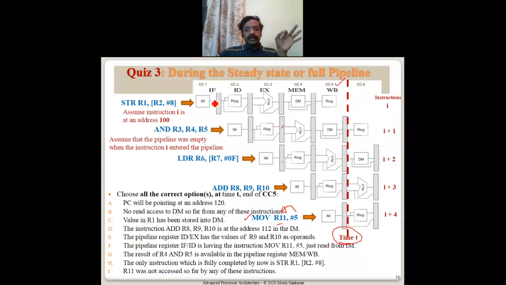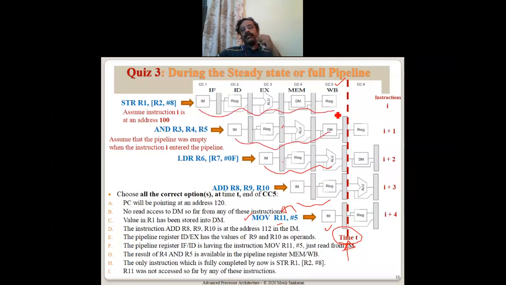That means these instructions have already crossed some different stages and they are at this stage. So I want you to answer these questions assuming that these instructions have spent some time. This is only just entering. This has spent two stages, it has gone through. This instruction has spent three cycles and it has crossed three stages. This has spent four cycles and this is the maximum. It has spent five cycles. Okay.